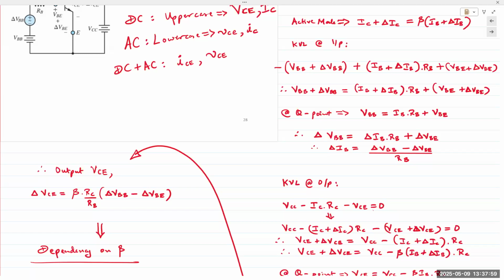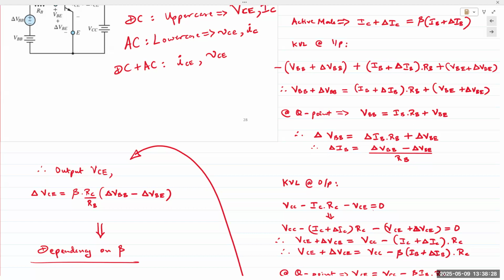Again, the equation is still the same. On the input side, we applied KVL. You obtained our supply voltage VBB is equal to IBRB plus VBE. But every quantity now has an AC component to it. And that is delta VBB is equal to delta IBRB plus delta VBE.